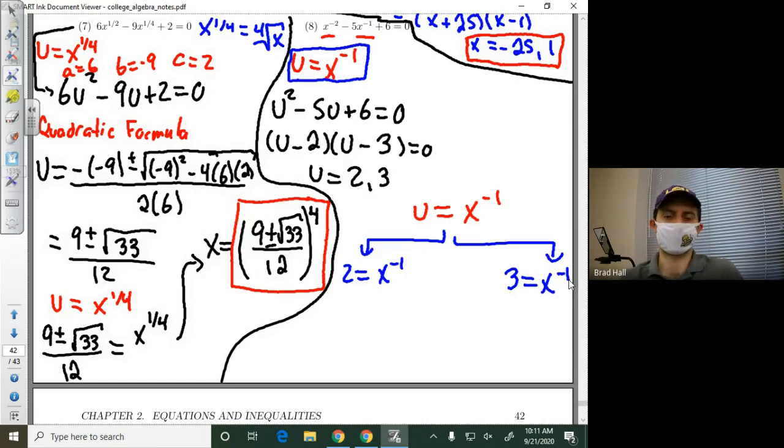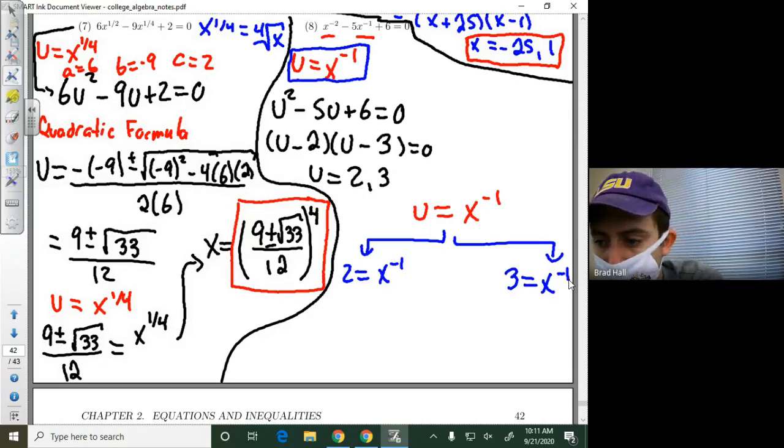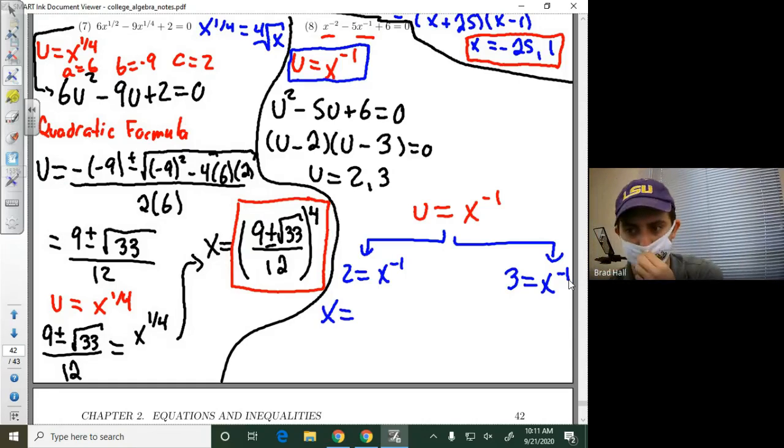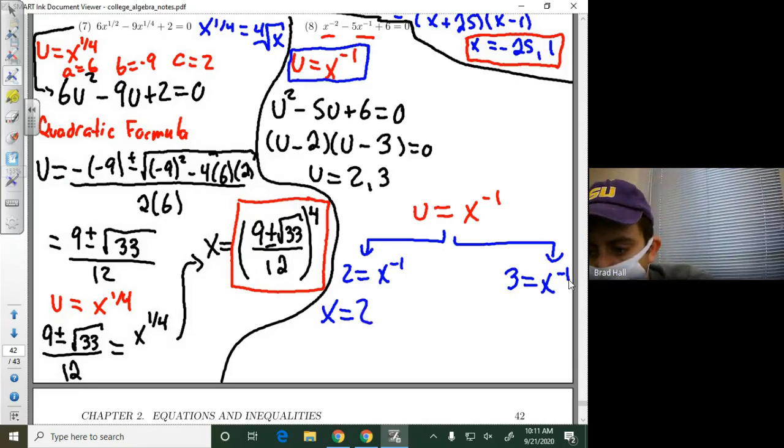Now the question is, how do you get an x by itself if there's a negative 1 on it? In order to cancel out a negative 1 exponent, you can think about it as you flip the other side. So x, now without the negative 1 exponent, will be moved to the 2.